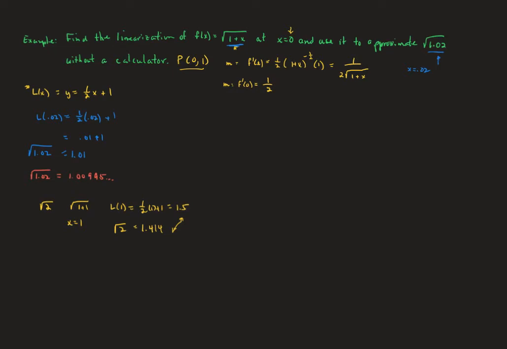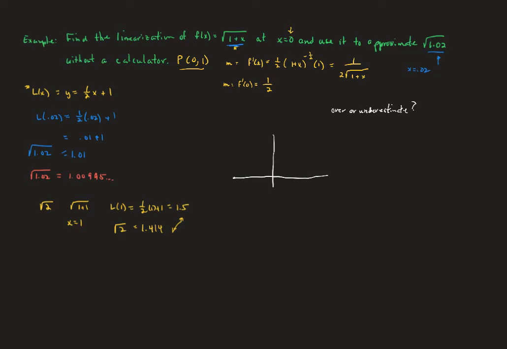Now, another interesting thing: is our approximation going to be an overestimate or an underestimate? This will come up many times. Is our tangent line approximation going to be an over or underestimate?